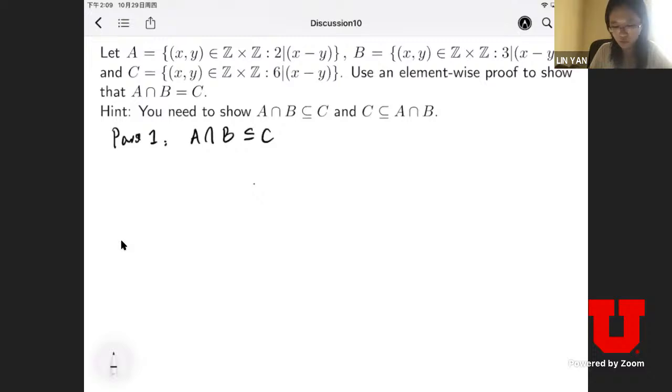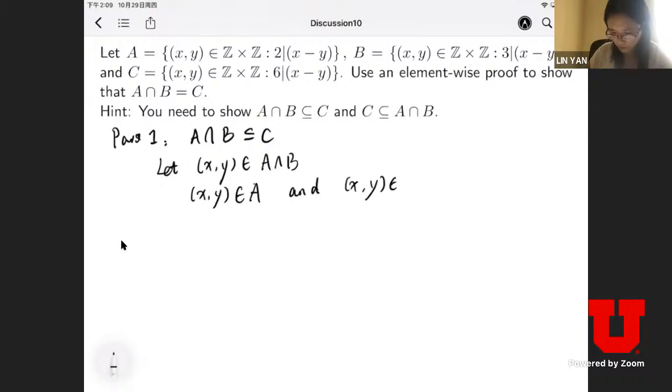So in each part, we can use an element-wise proof. That means we can choose an element from the left-hand side. And then we know this element belongs to A, and it also belongs to B. This is by the definition of intersection.